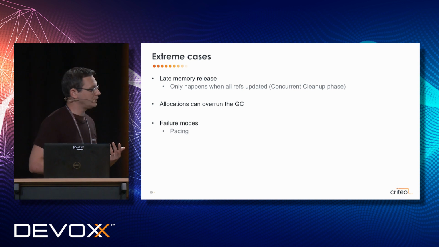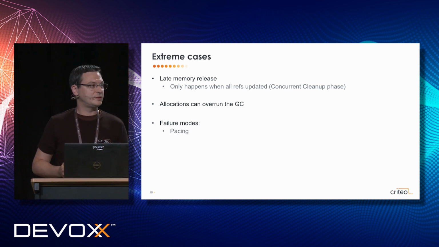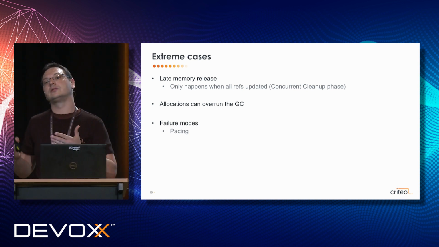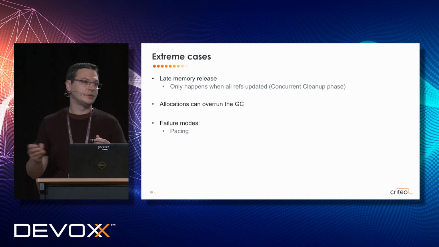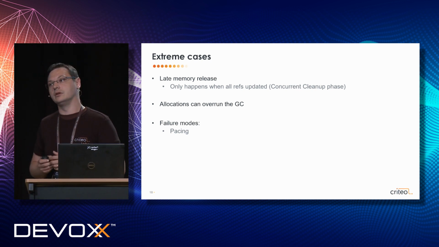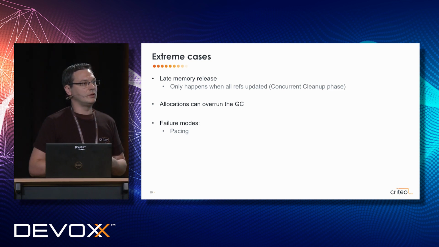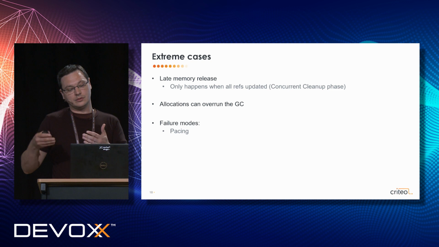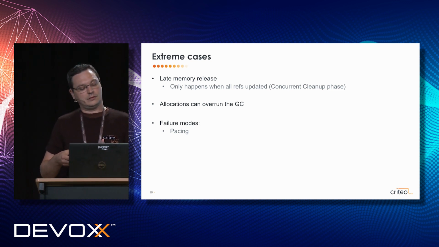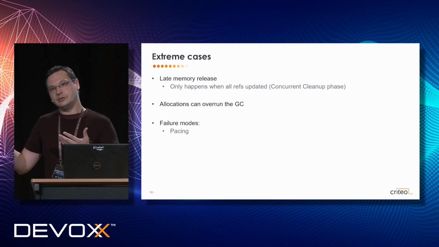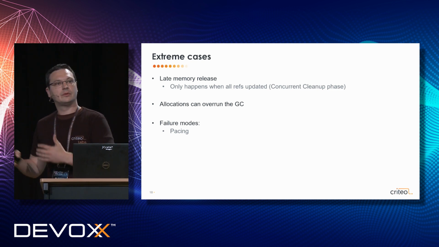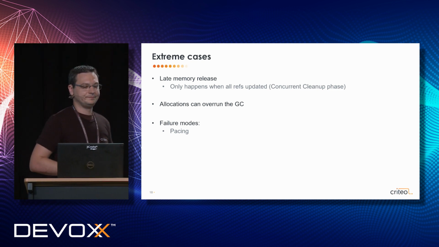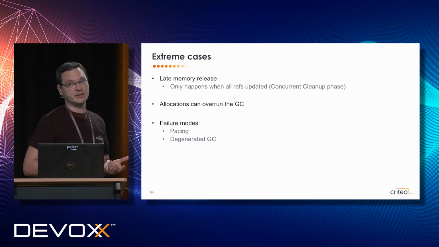So we have failure modes. The first mode is pacing. It means that we insert something like a Thread.sleep into the allocation path for the application thread. So your application thread is trying to allocate, and the GC will slow you down to try to keep up with the GC cycle, up to 10 milliseconds.